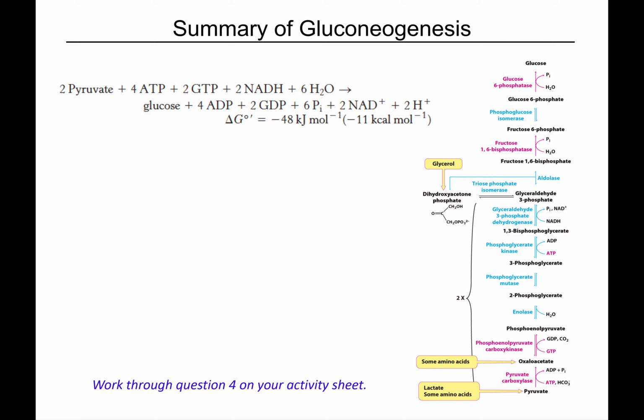I was just going to ask if it follows the same... So yes and no. So yes, in the energetic sense, GDP is converted to GTP, which is then converted to ATP. So effectively, yes.